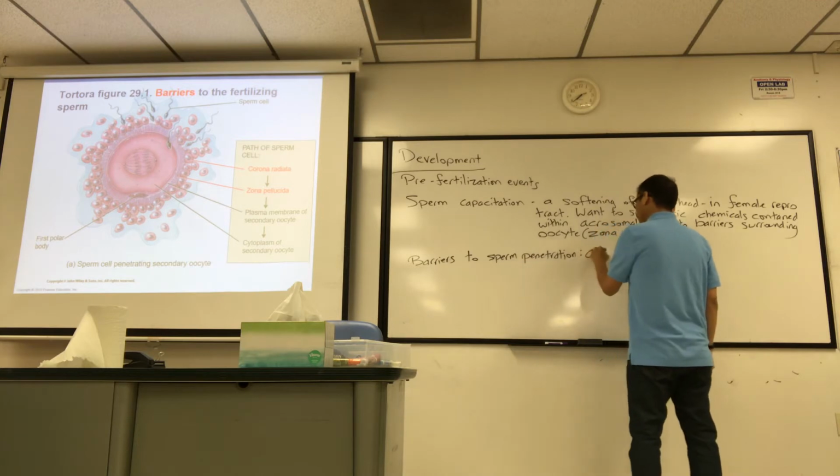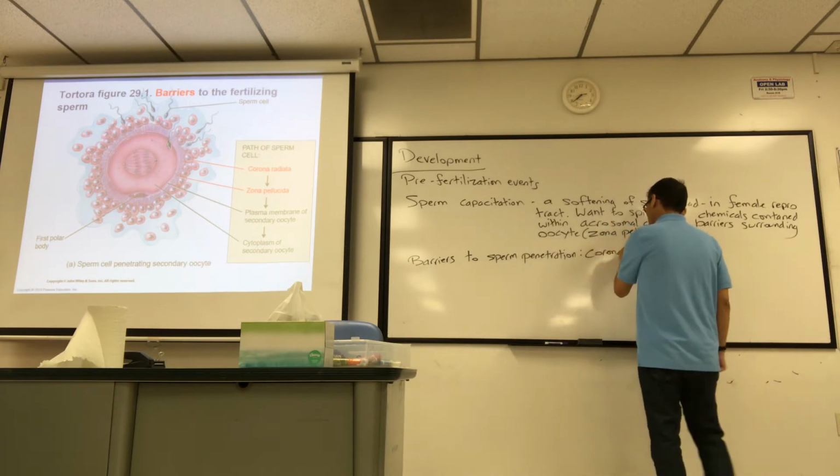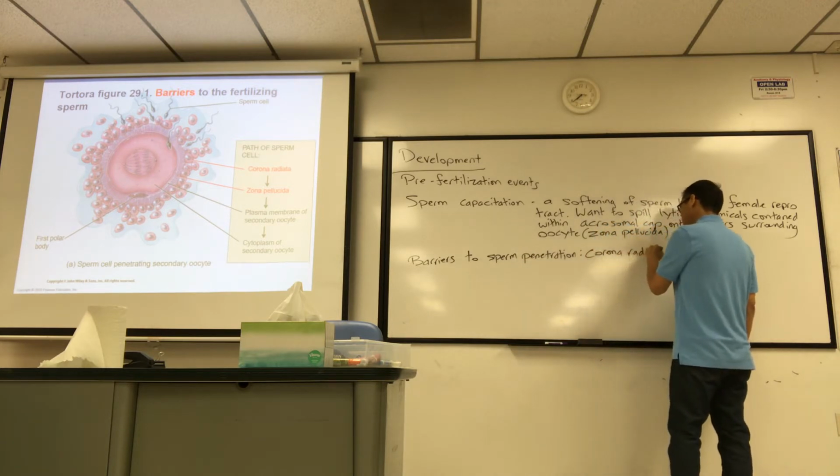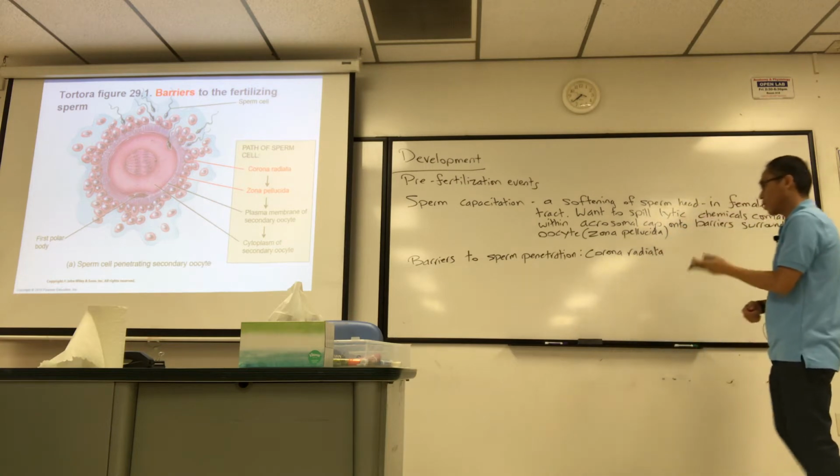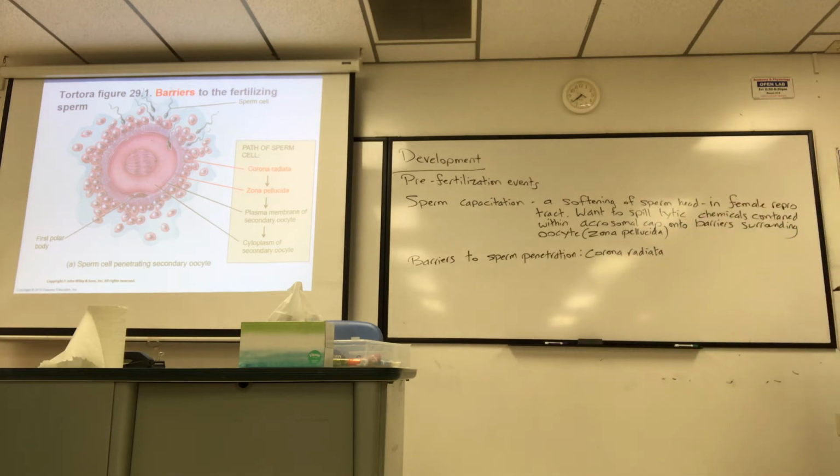Corona radiata. The term means, well, corona means crown. Radiata. These are just cells from, okay, well, let's think for a second.